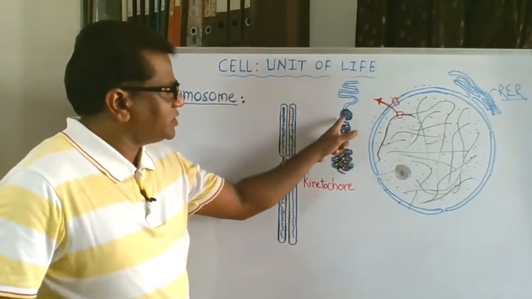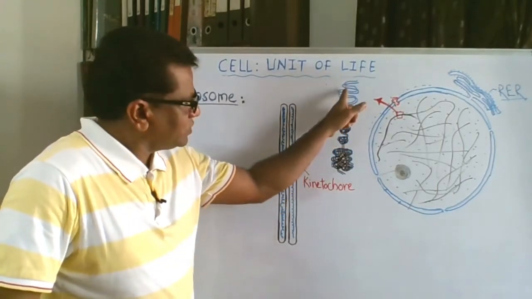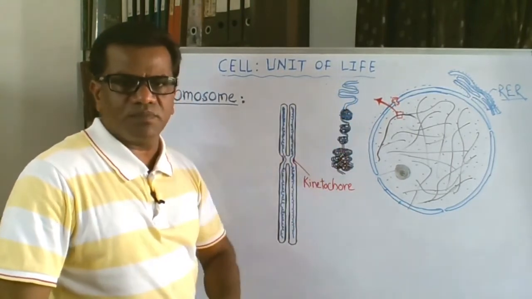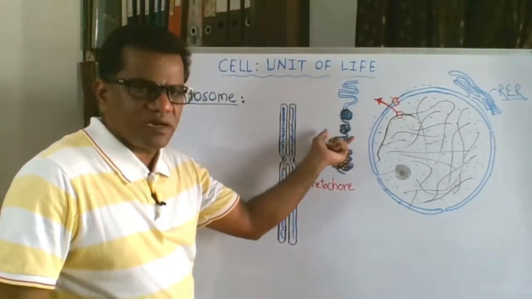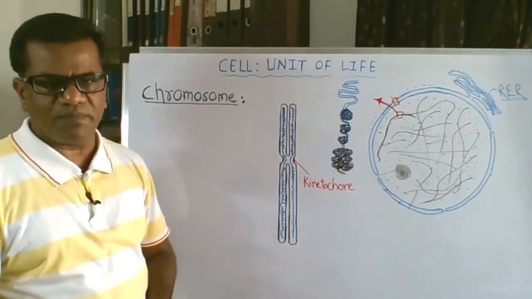Now, these 8 histone proteins are forming a ball-like structure. This DNA coils around that ball-like histone protein octamer, and a beaded string-like structure is formed. This is also called nucleosome fiber.